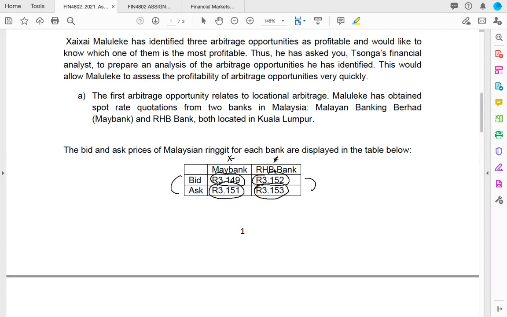So we have an opportunity for locational arbitrage here, because the bid price of Maybank is not the same as the bid price for RHB Bank, and the ask price for Maybank is not the same as the ask price for RHB Bank. There are some differences in prices here which could potentially be exploited. So we want to investigate how we can exploit these opportunities using locational arbitrage.